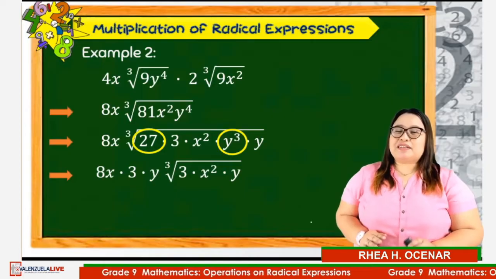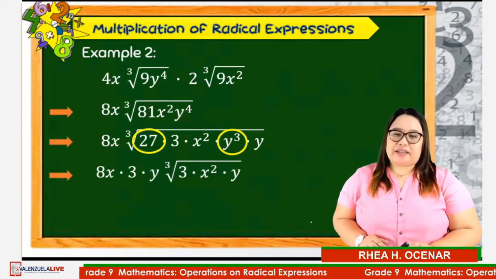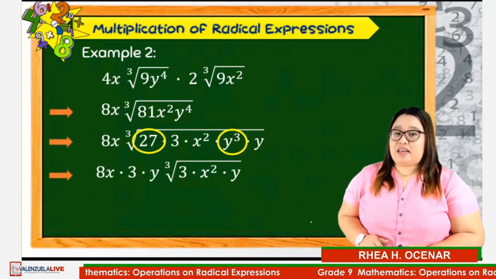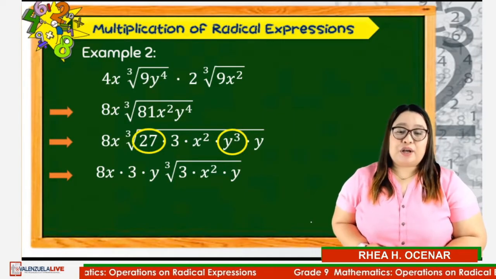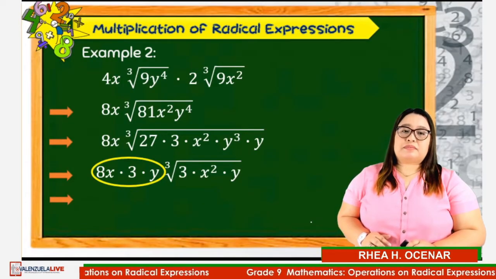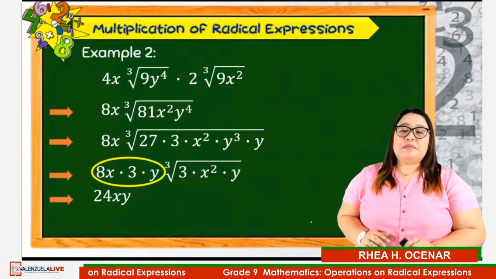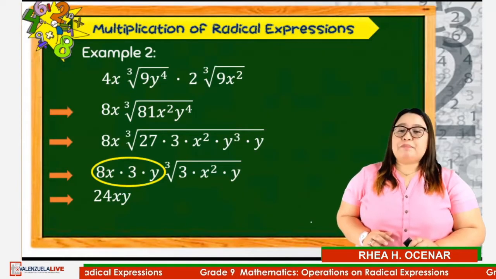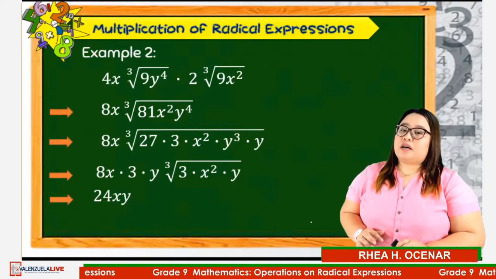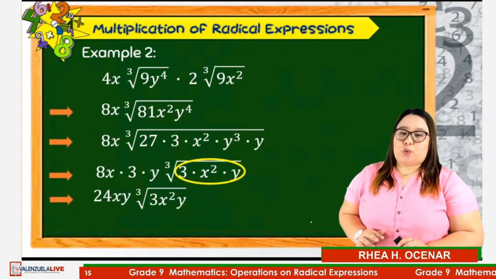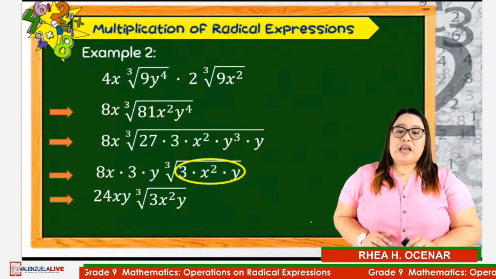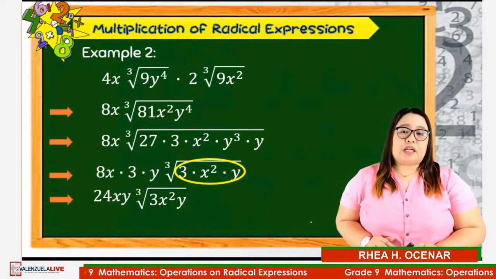8x times 3 times y. The non-perfect cube will remain inside the radical sign, which is 3 times x squared times y. Simplify the expression, and we have 24xy cube root of 3x squared y.